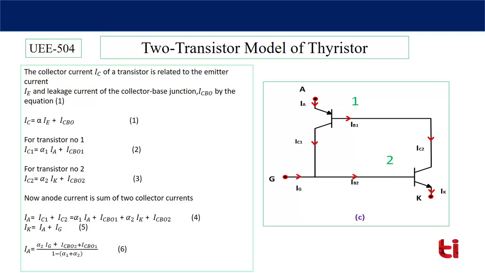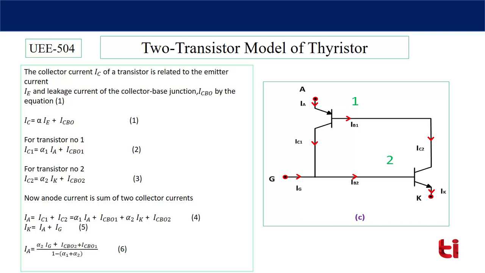Now, the anode current is nothing but the summation of these two currents, IC1 plus IC2. Applying nodal analysis or KCL, we can say IA, the anode current, is equal to the summation of the collector current of transistor number 1 and the collector current of transistor number 2. At the same time, cathode current is equal to gate current plus anode current.